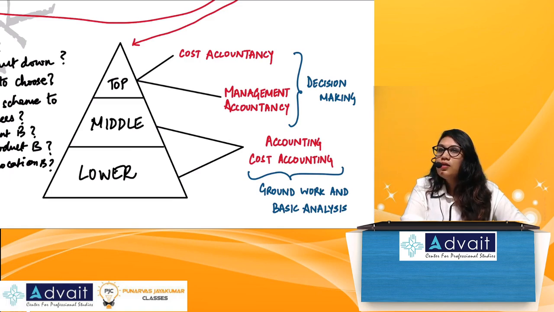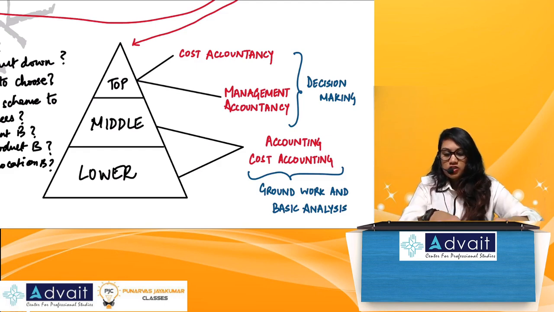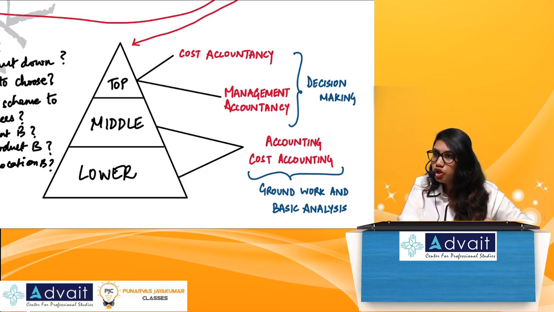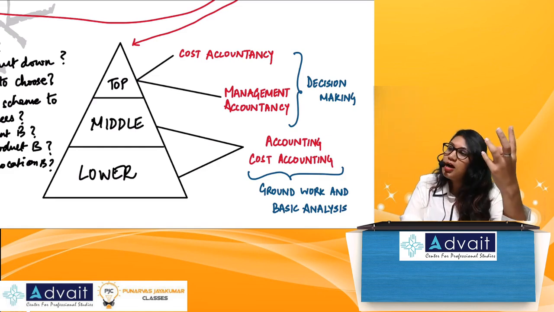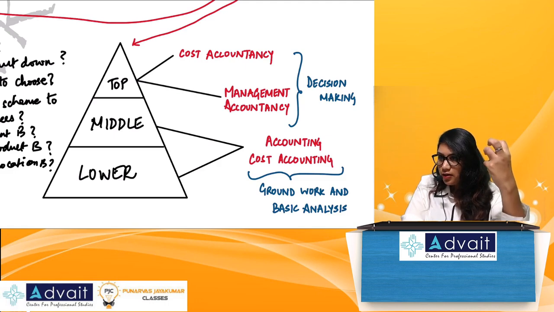Now the top level management will take care of all your decision making, correct? Which part of whatever we studied deals with decision making? Accountancy. So cost accountancy and management accountancy, because both deal with decision making, will be dealt with by the top level management.